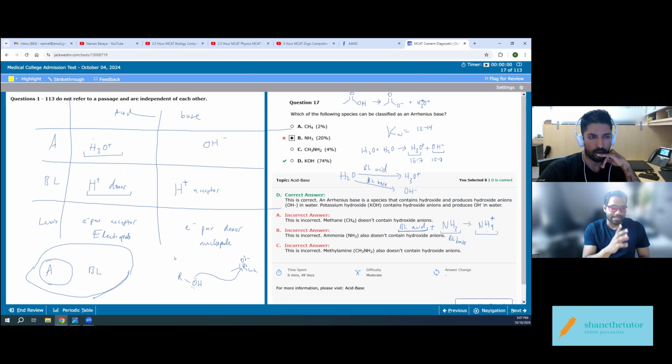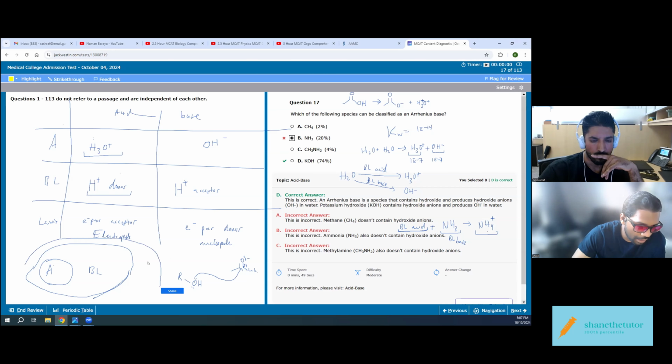Just like every Arrhenius acid or base will still be a Bronsted-Lowry acid or base, but not the other way around, same thing for Lewis. Bronsted-Lowry and Arrhenius acids and bases must still be Lewis acids and bases, but there could be Lewis acids and bases that are not Bronsted-Lowry or Arrhenius.